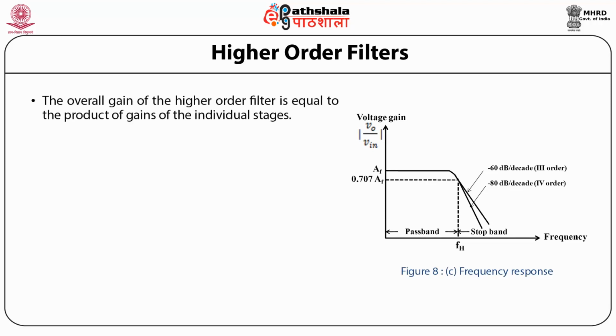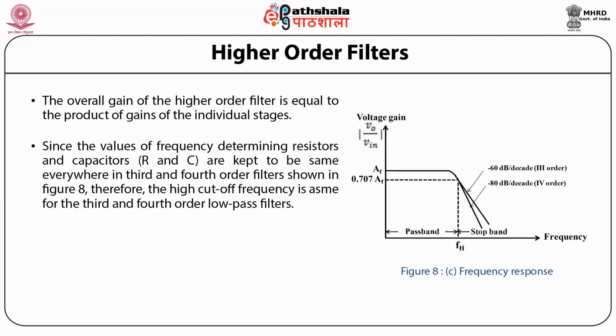The overall gain of the higher order filter is equal to the product of gains of the individual stages, since the values of frequency determining resistors and capacitors, that is R and C, are kept the same everywhere in third and fourth order filters shown in the figure.